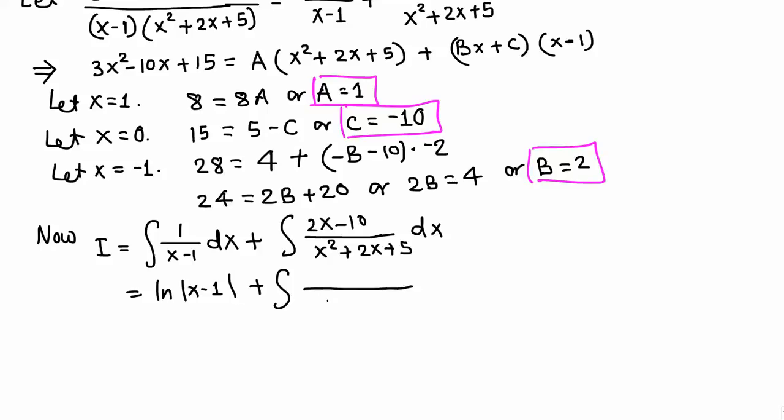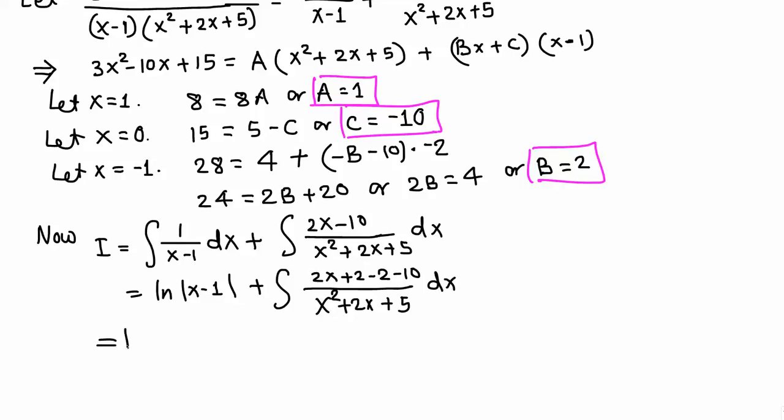We have x² + 2x + 5 on the bottom, and the derivative of x² + 2x + 5 is 2x + 2. So let's make this 2x + 2. 2x is already there, and I need plus 2 so that this is the derivative of the bottom, but plus 2 is not there. So to remove plus 2, we have to do minus 2, and I have minus 10 as well.